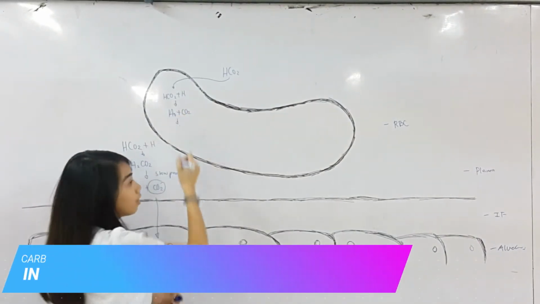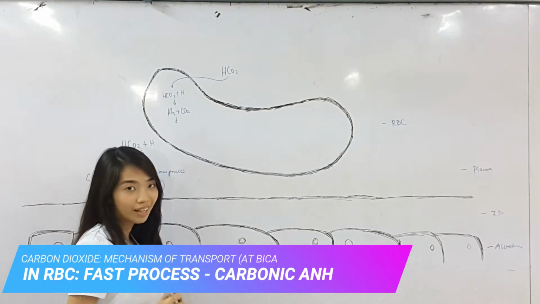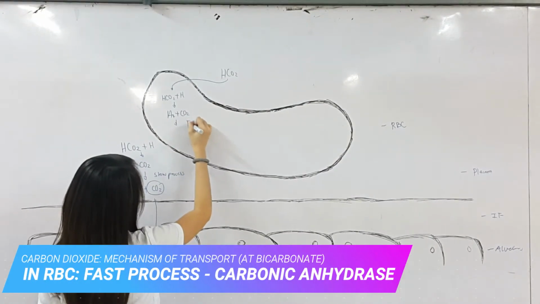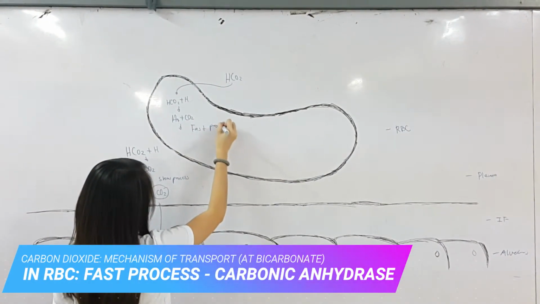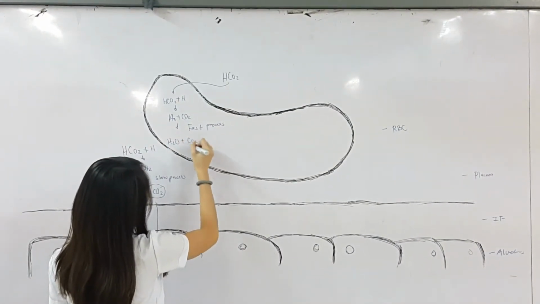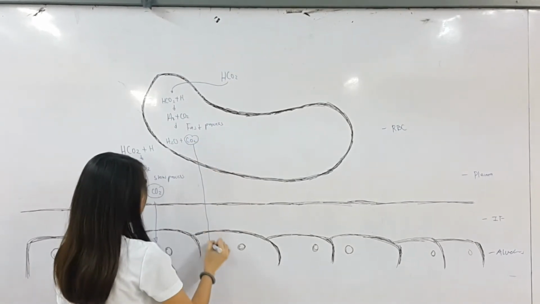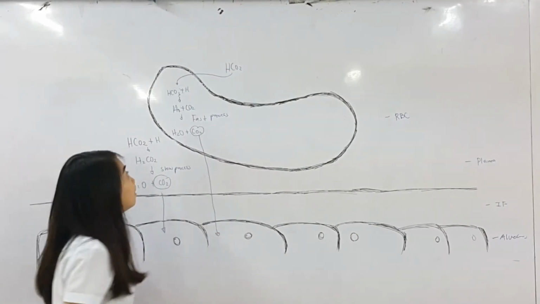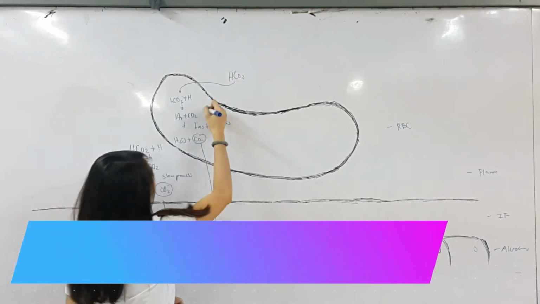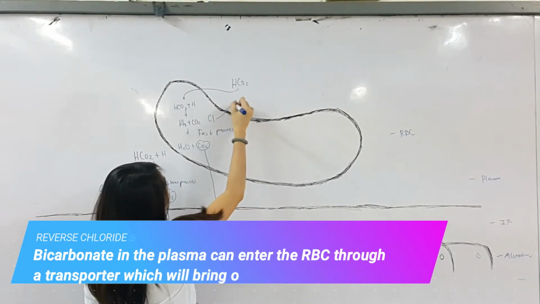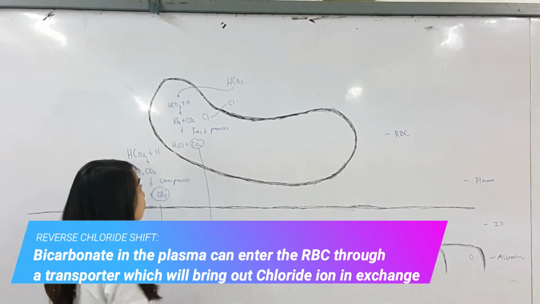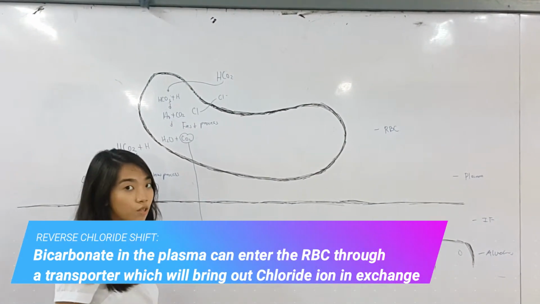In the red blood cells, there is what we call a membrane-bound enzyme, which speeds up the process, which results in water and carbon dioxide, in which the carbon dioxide once again will enter the alveolus. Since the bicarbonate entered the red blood cells, chloride ion will be brought out to counterbalance the reaction, which is the process called reverse chloride shift.